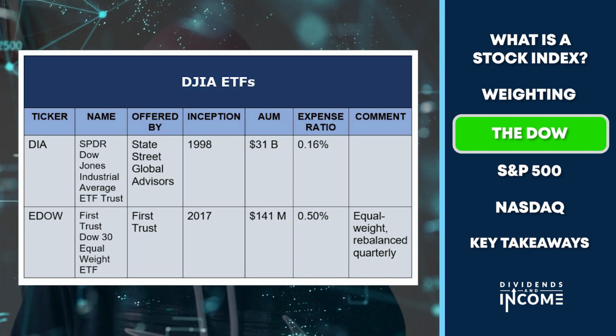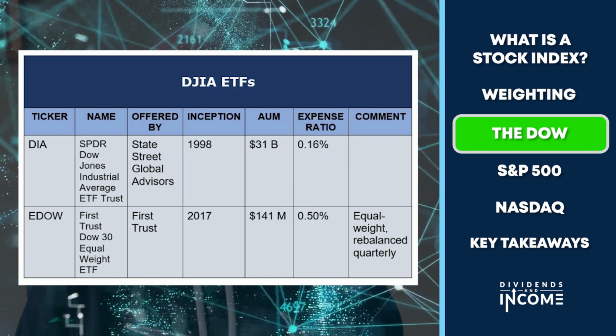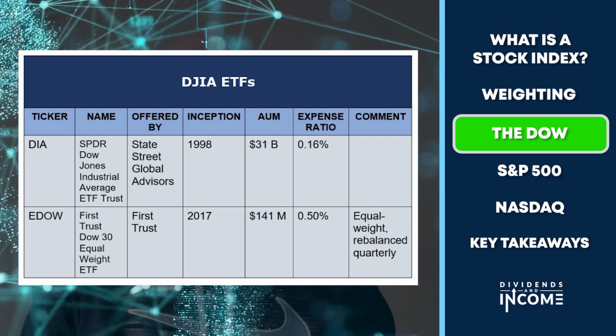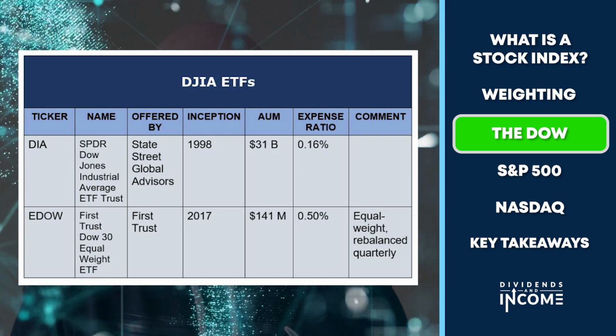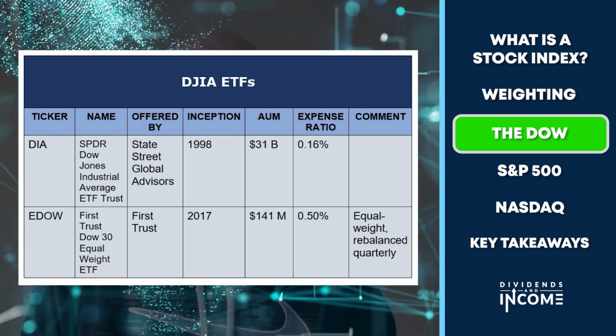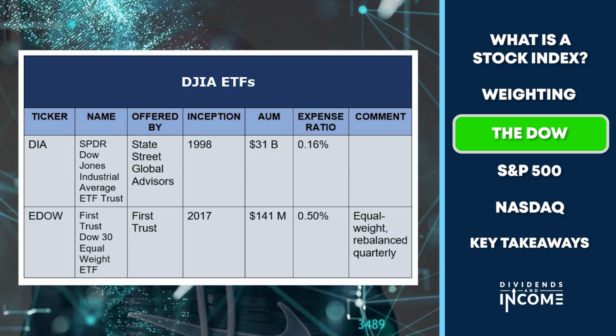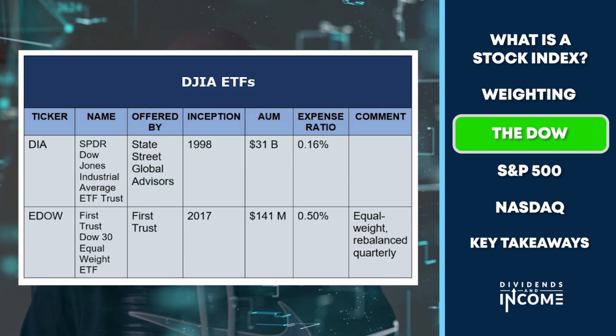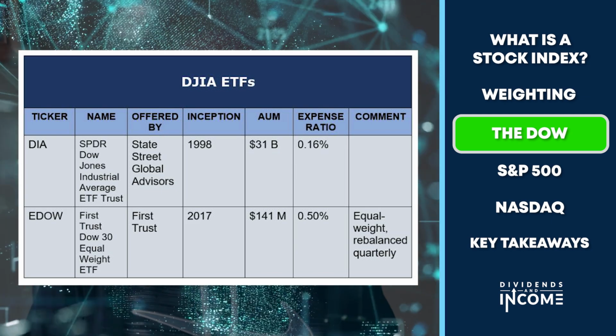The second ETF I want to call to your attention is called eDow, which is an equal weighted version of the Dow index. We talked about equal weighting before. That was just introduced in 2017, and it's attracted very little money. It's just $141 million, not billion, $141 million so far, and it has an absurd expense ratio of 0.5%.